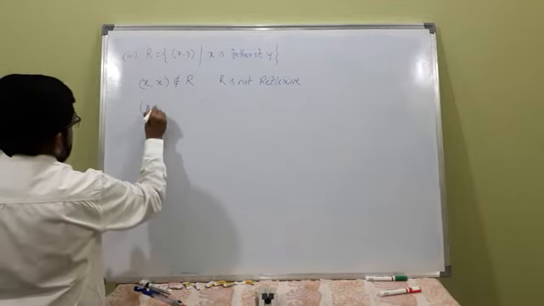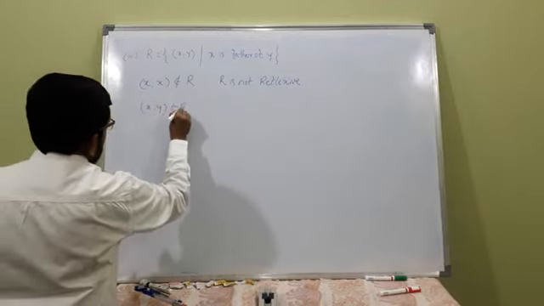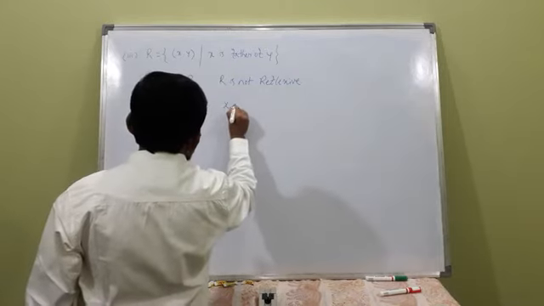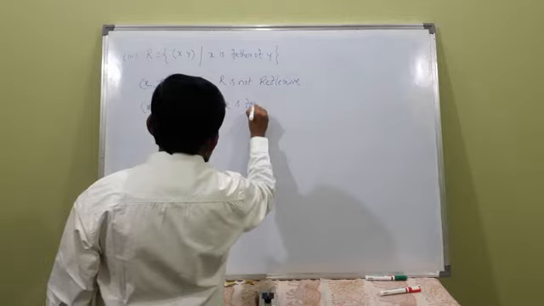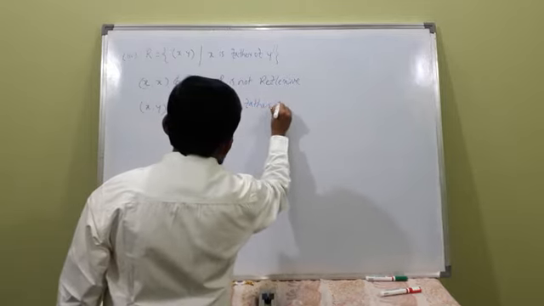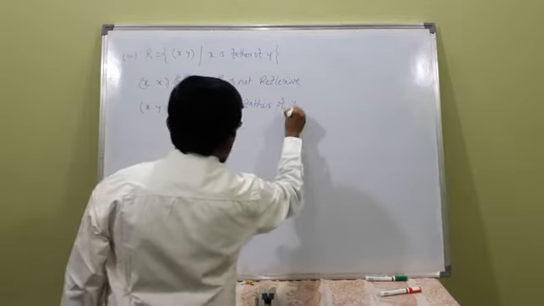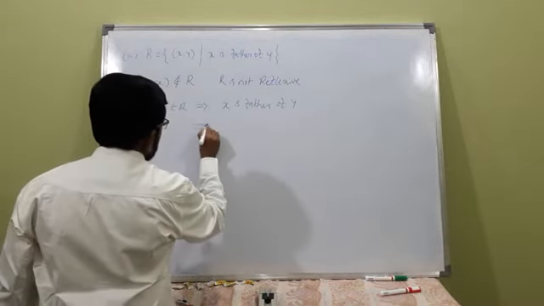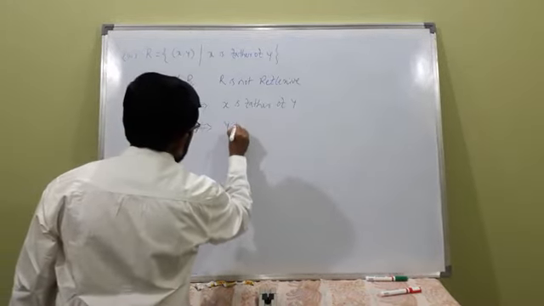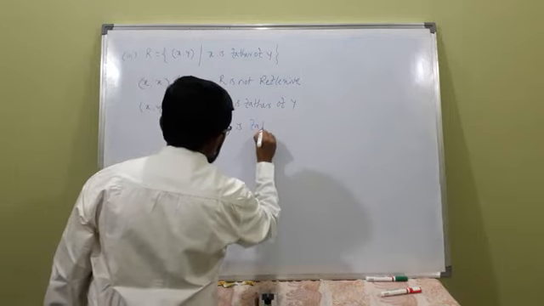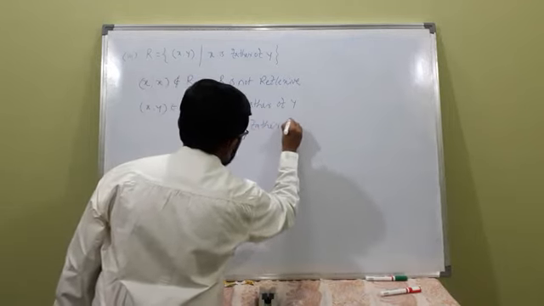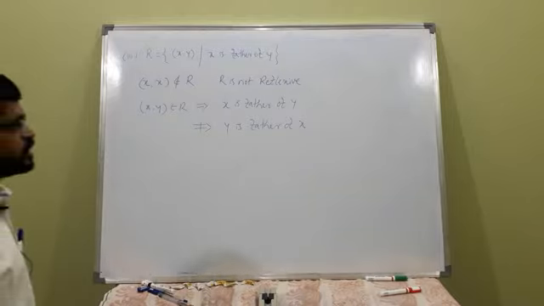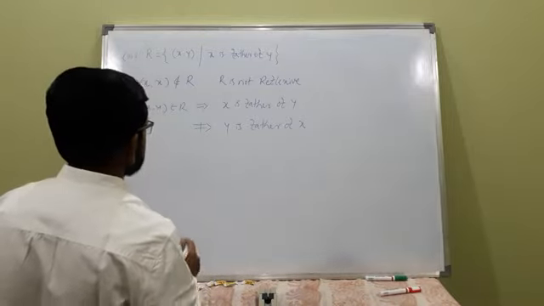(x, y) belongs to R implies x is father of y. It does not imply y is father of x. If x is father of y, then y cannot be father of x.